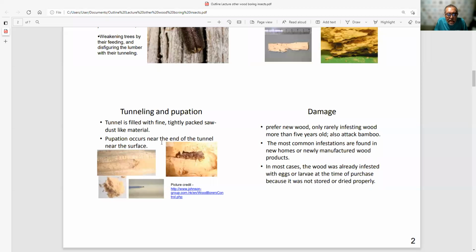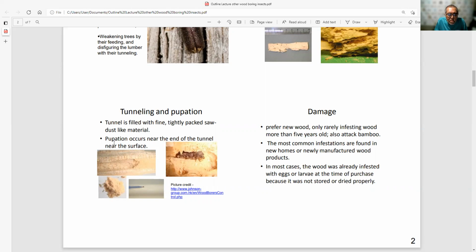Pupation occurs near the end of the tunnel near the surface. So when it's ready to emerge, in the last stage of instar, it pupates at the very end of the tunnel, which is very close to the surface.